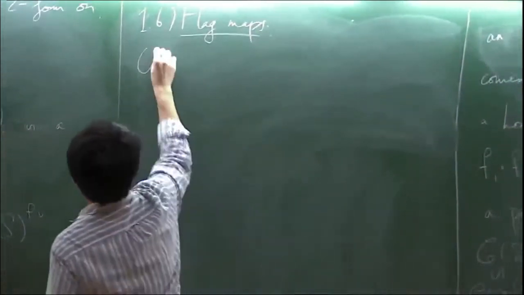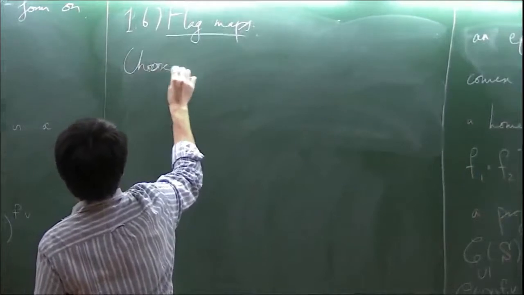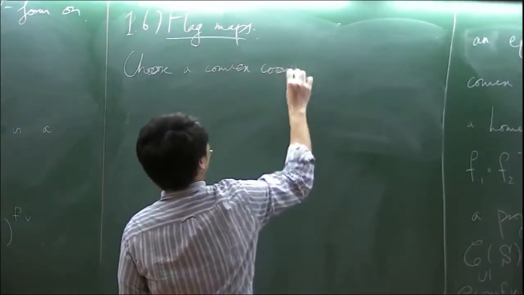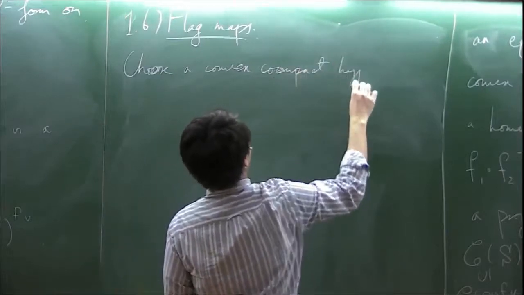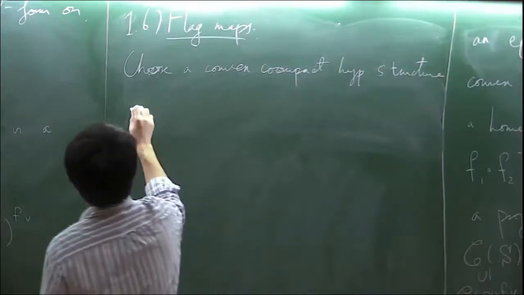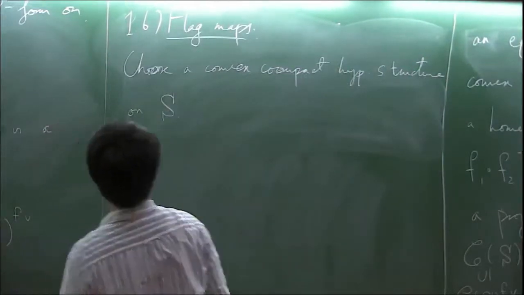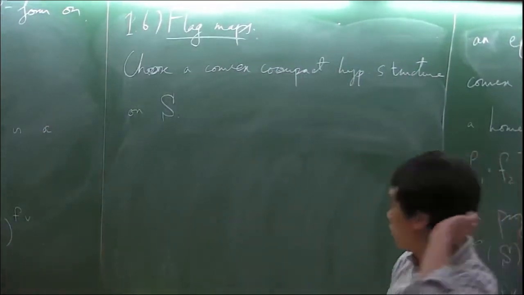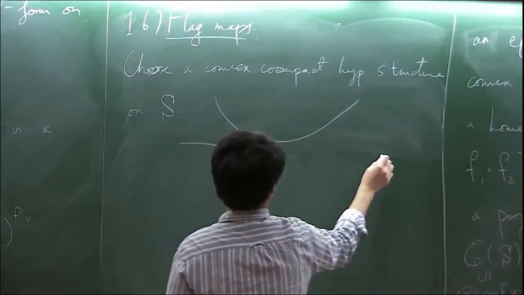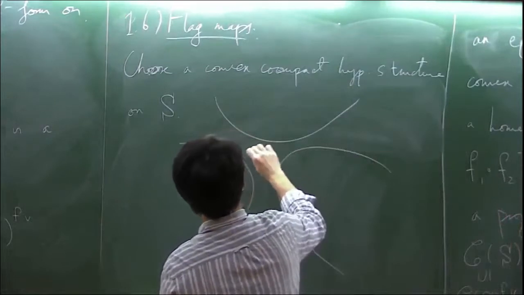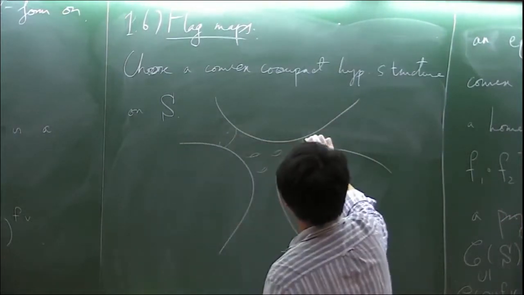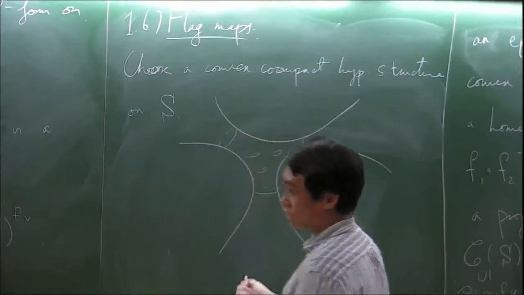The first thing you do is choose a convex co-compact hyperbolic structure on S. This means that in terms of the hyperbolic metric, your surface looks like this. You might have some topology, but the ends are flared, they're not cusps.